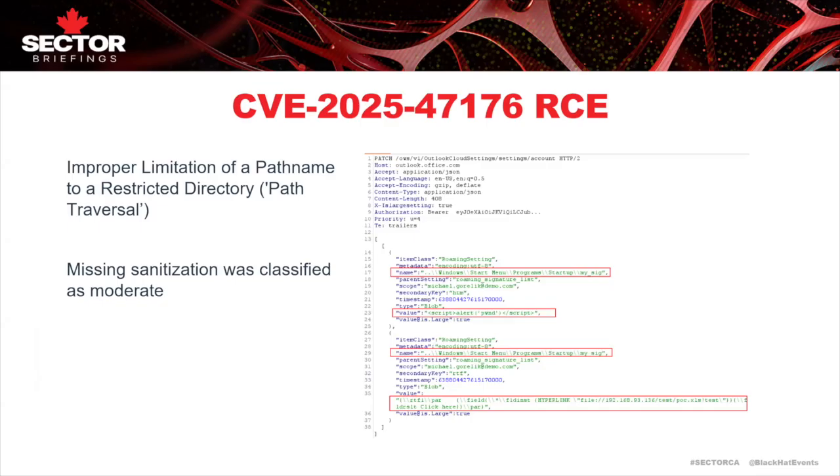RCE. So you would imagine initially, you say, okay, this is an HTML. It's a setting. What can we do with that? The first thing you would think, okay, we can push something like cross-site scripting, right? XSS. That's the first thing any initial attacker or hacker would think of.